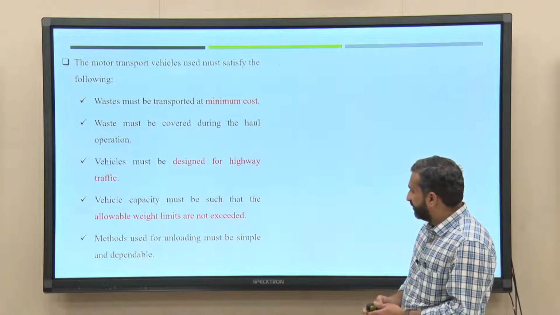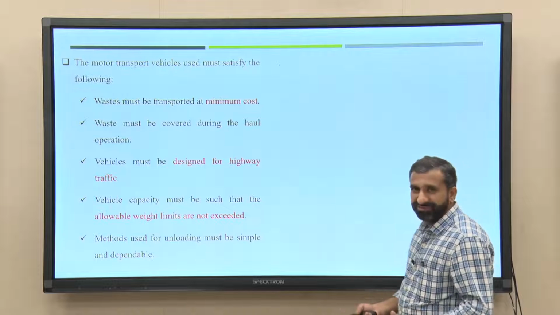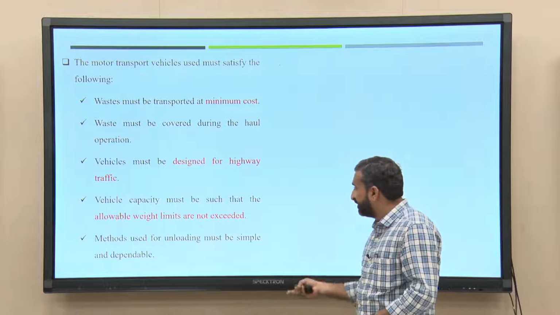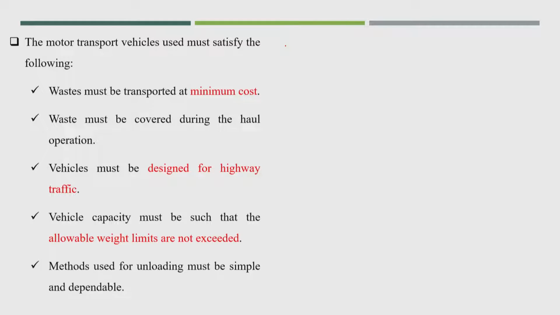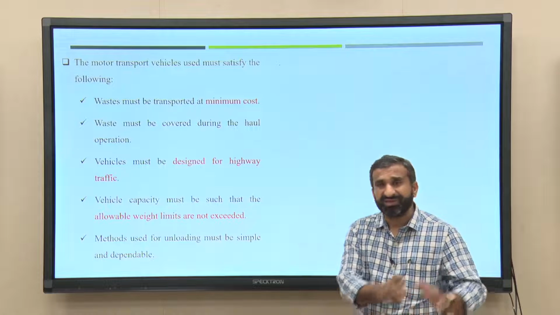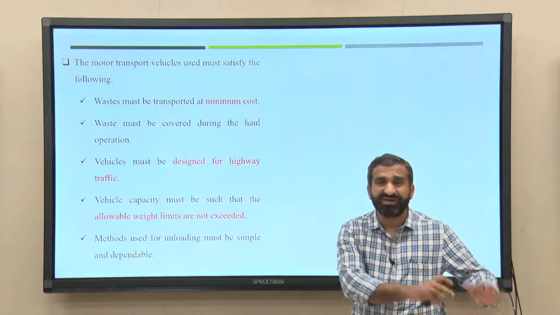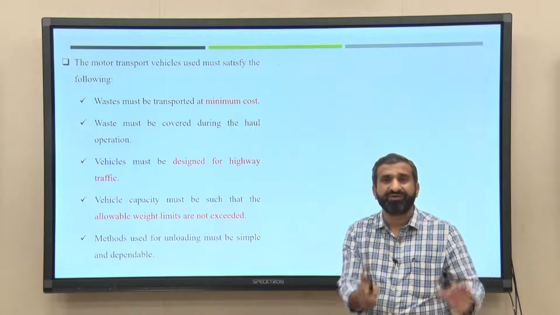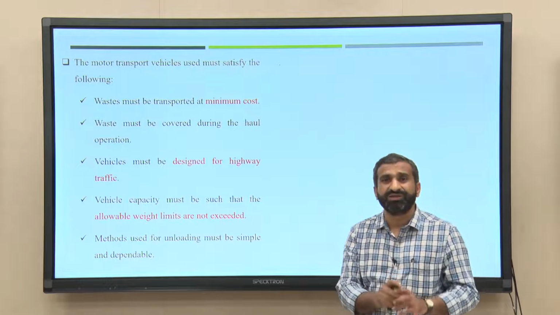And the method used for unloading must be simple and dependable. I was talking about whether you can go for the stationary kind of vehicle, haul kind of vehicle, or special kind of vehicle, and why. Because your unloading must be very simple and dependable. It should not be that unloading is very difficult at the disposal site, because at the landfill site or recycling facility I think we won't get a lot of manpower for unloading the waste.